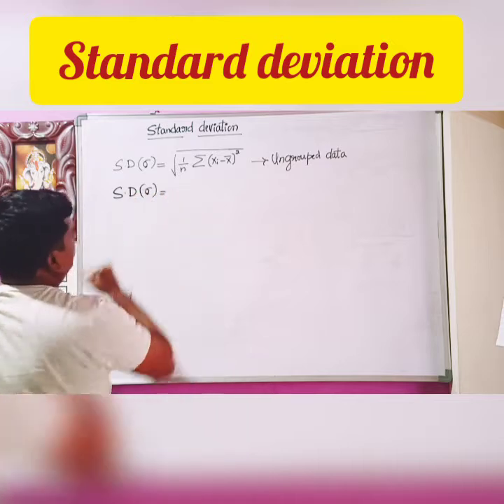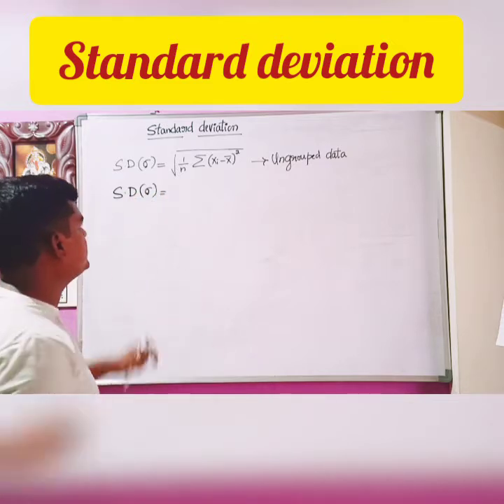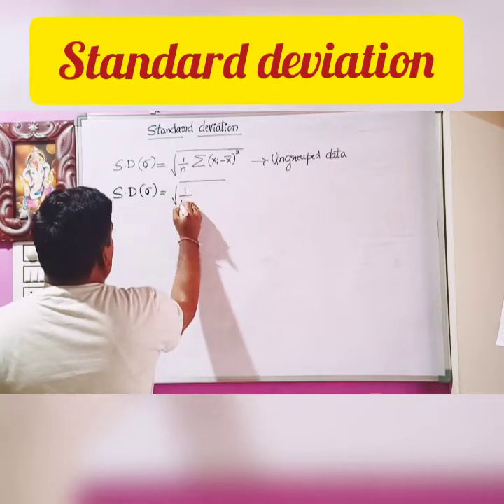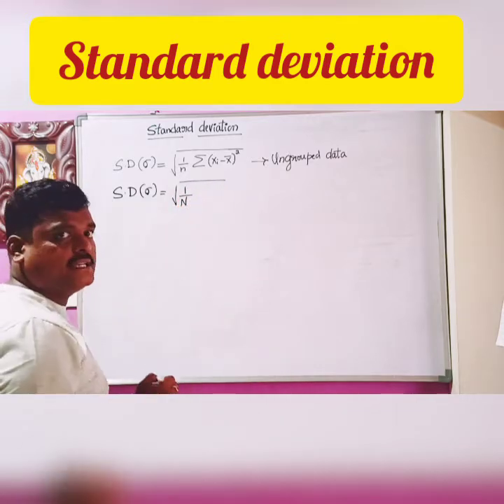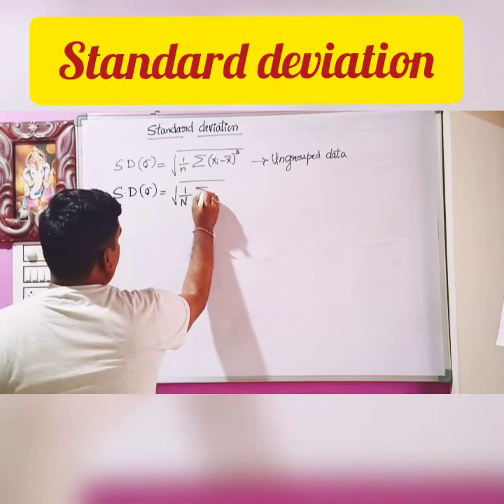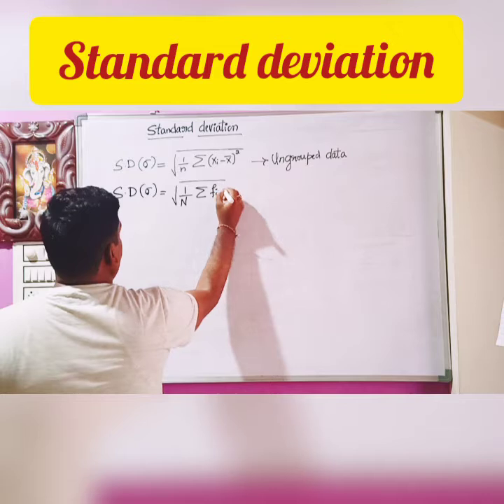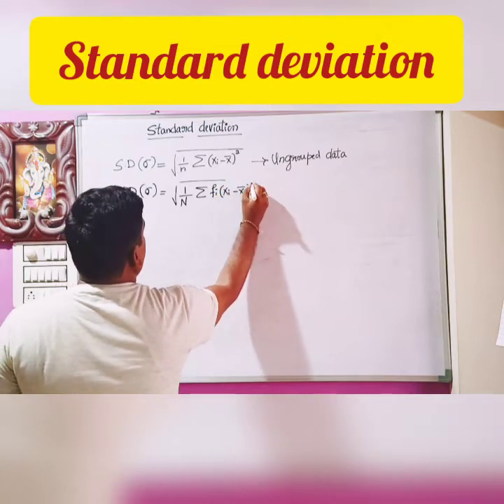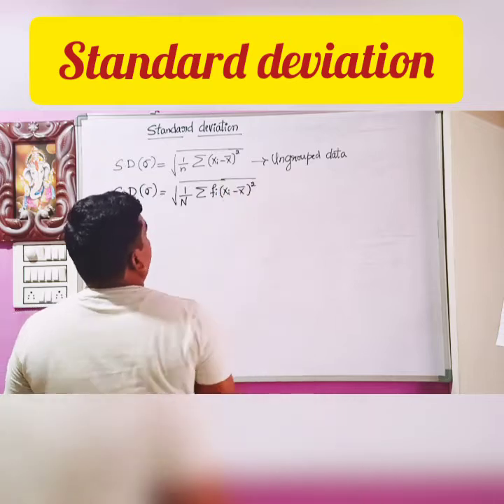For grouped data, the same symbol sigma is used. It is the square root of 1 by capital N, where capital N is the sum of frequencies, summation fi xi minus x bar whole square. What is x bar?